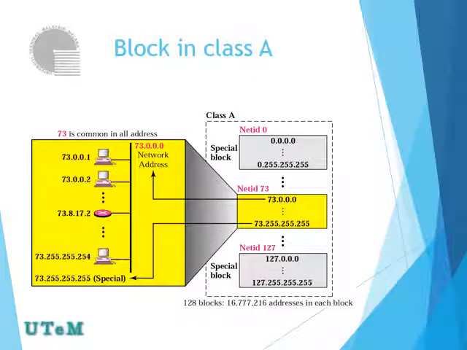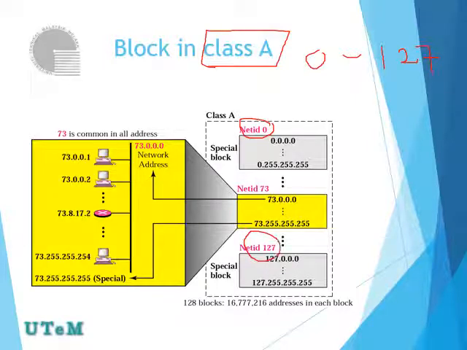Now let's look at blocks in class A. Blocks in class A go from 0 to 127 based on the class A range, so from net ID 0 to net ID 127.